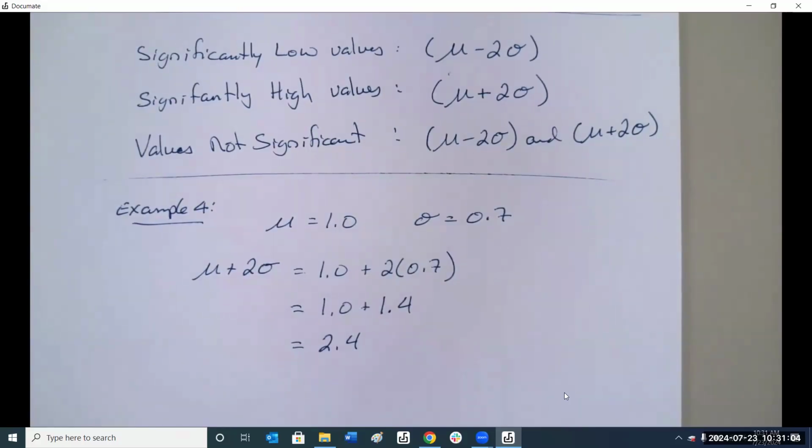So any number higher than 2.4 is a significantly high value. Actually, anything 2.4 or higher, I should say. Anything less than 2.4 is not significant.